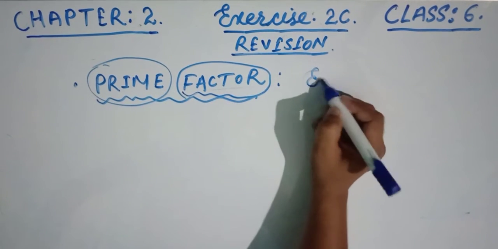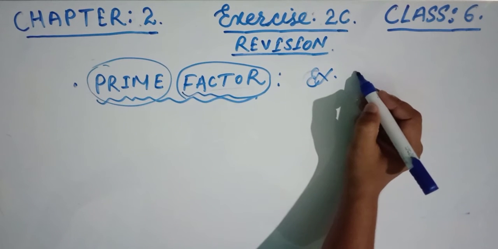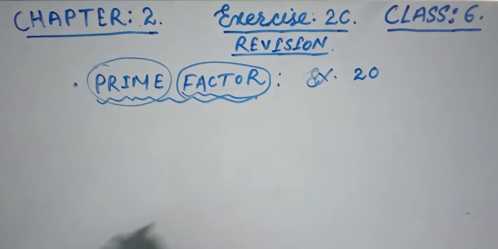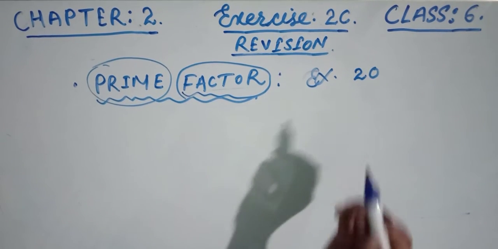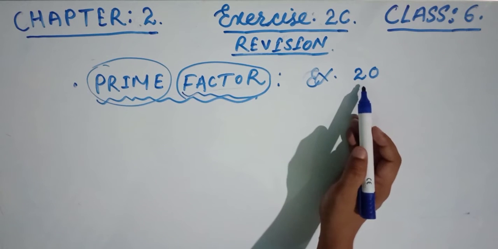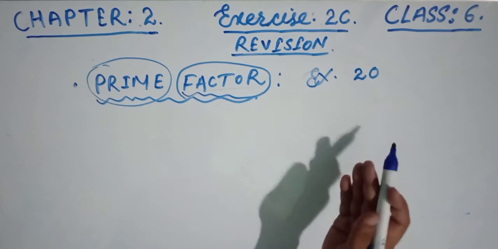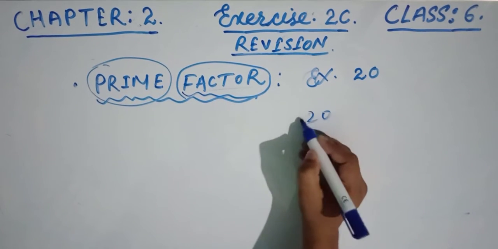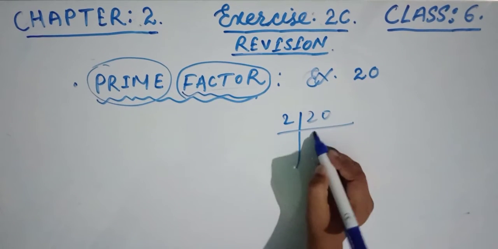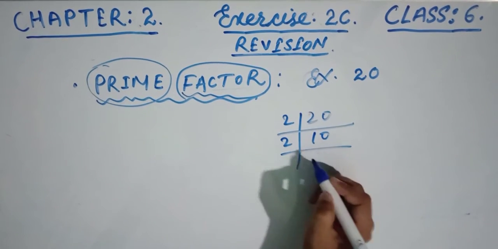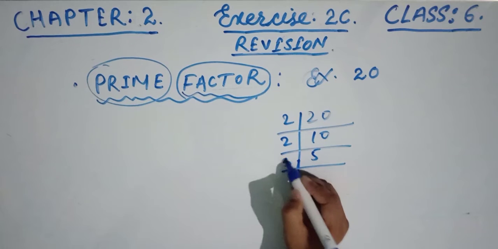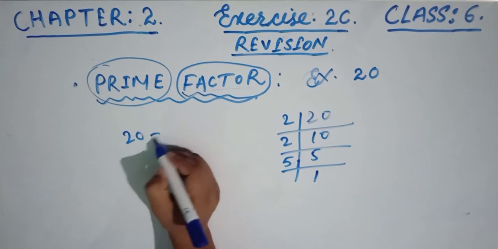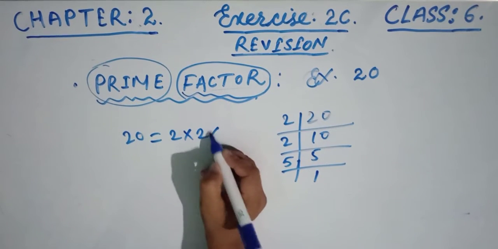Look at the example. Suppose there is 20. Now the prime factors of this number are what we need. We can find the factors: 20 is 2 times 10, 10 is 2 times 5, and 5 is 5 times 1. So 20 can be written as 2 multiplied by 2 multiplied by 5.